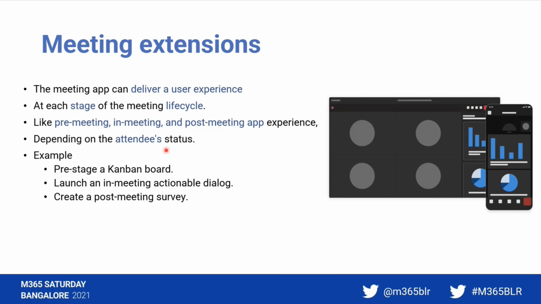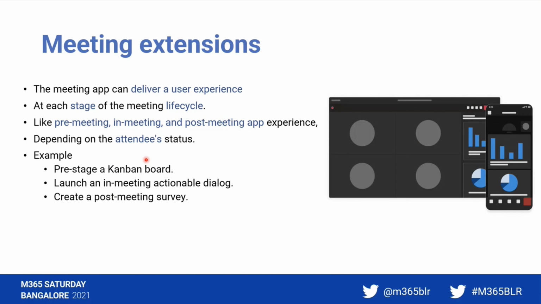It can also be from any of the Microsoft 365 services, and it would render on the right hand side panel. It can also have a pop-up experience which gives the user or the attendees a way of interacting with that particular application as soon as it has been triggered by the meeting organizers. Okay, so poll is one of the prime examples of it.